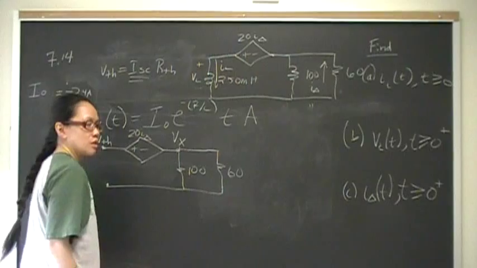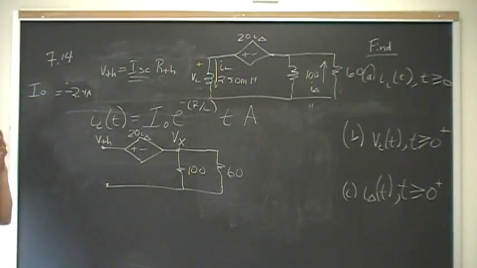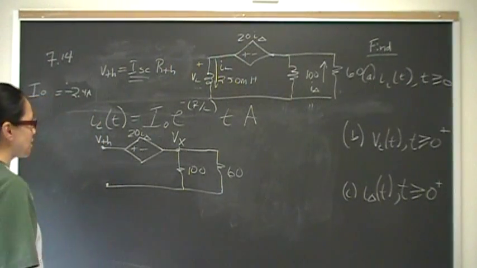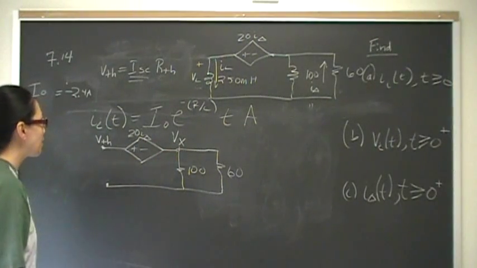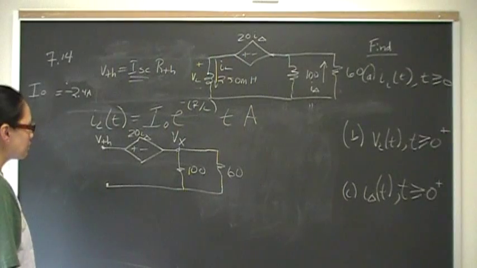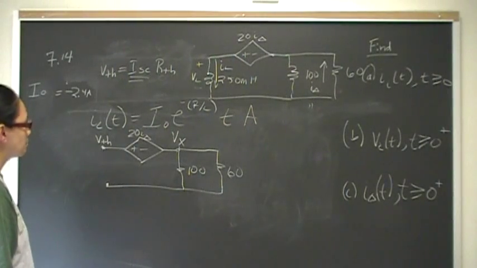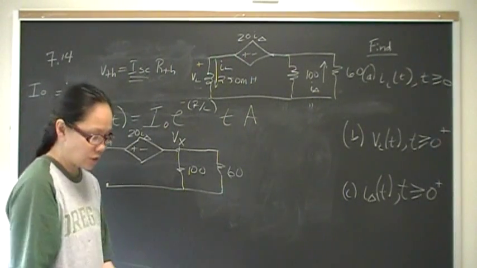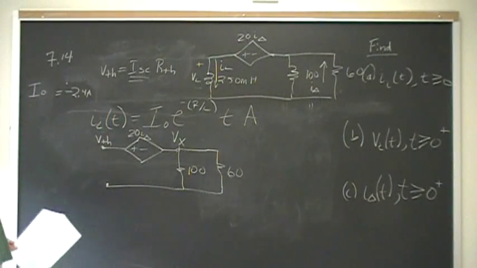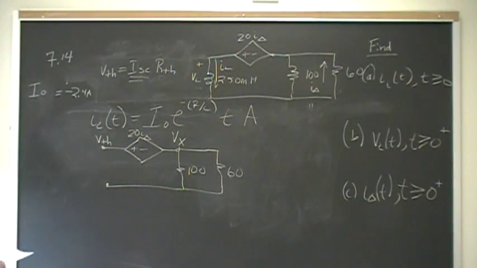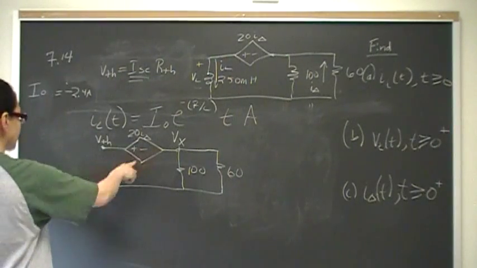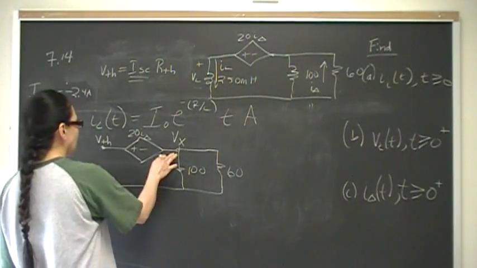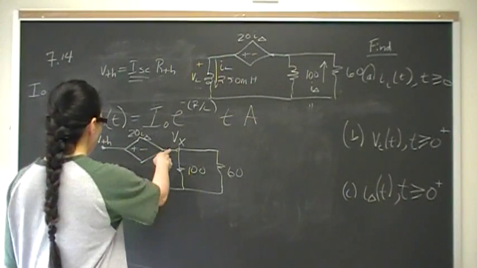I'm partial to the node voltage method. I don't know why. Just am. So I have some V sub x, and I don't know what it is here. So I'm going to go ahead and apply the node voltage method there. What we're going to do is define the constraint equations.